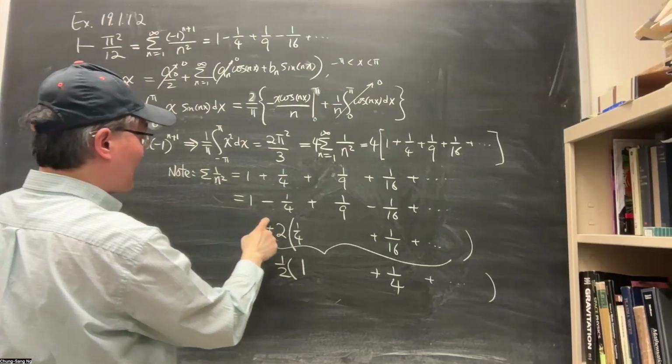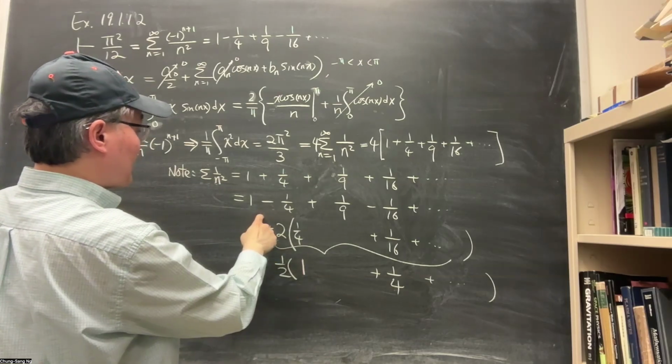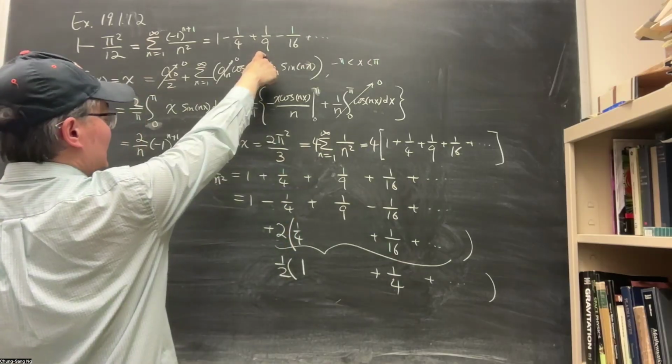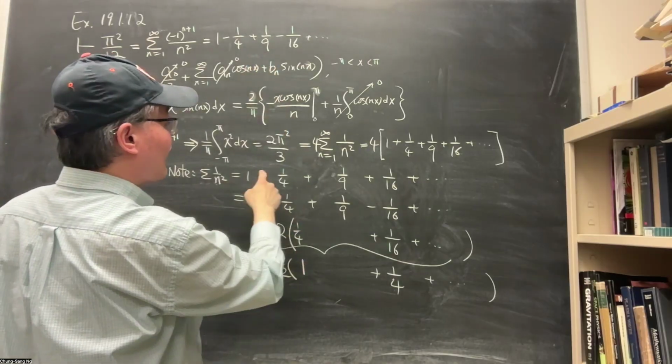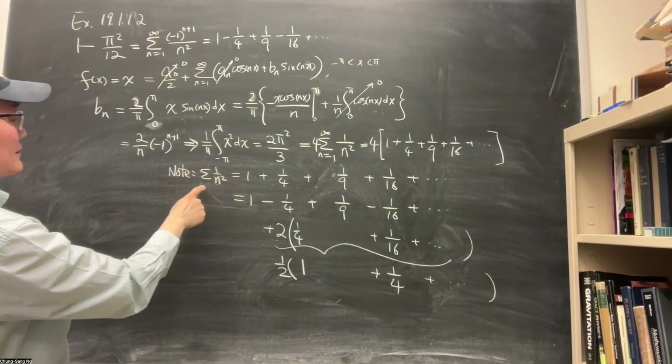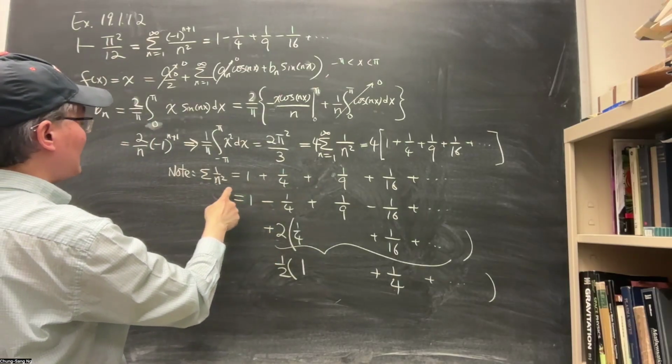This means that this summation, which is what we want, is 1/2 of the original summation.